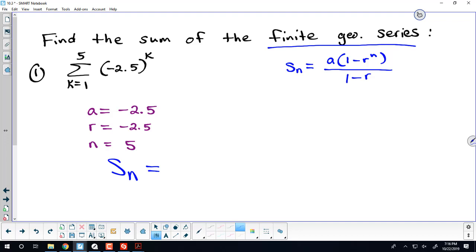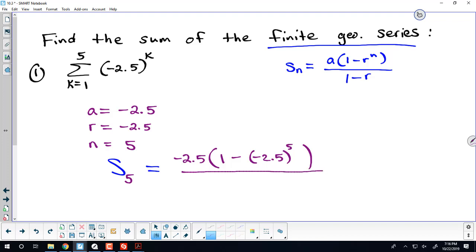So the nth partial sum, we know what n is now for this particular example. The fifth partial sum is the same thing as summing up the first 5 terms. So the fifth partial sum is a times 1 minus our ratio to the 5th power, because that's our n, all over 1 minus the ratio.